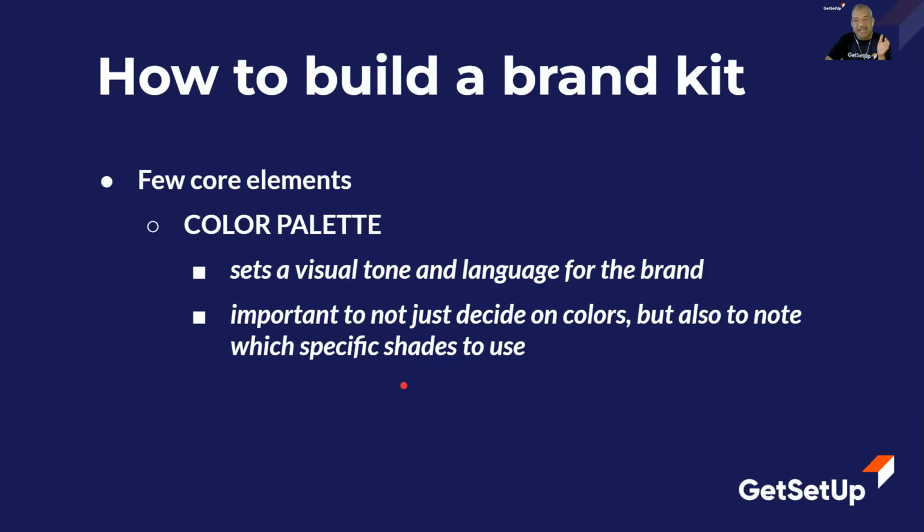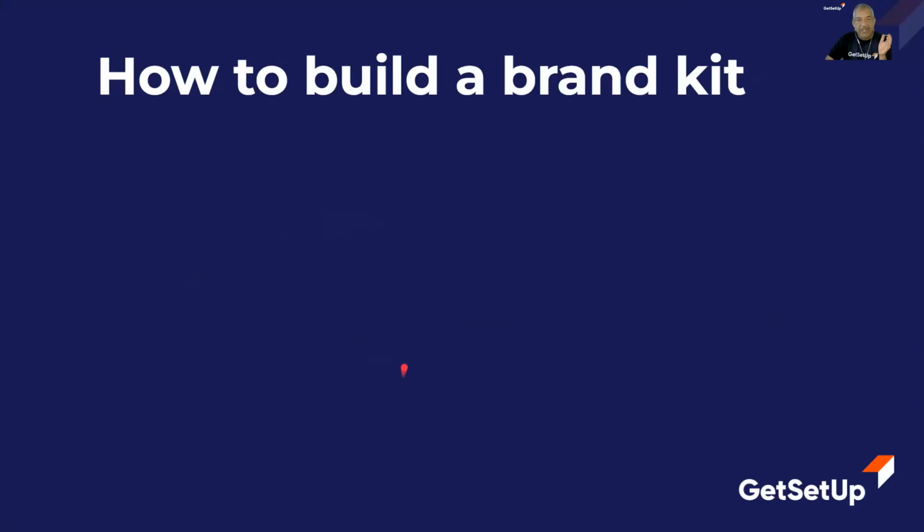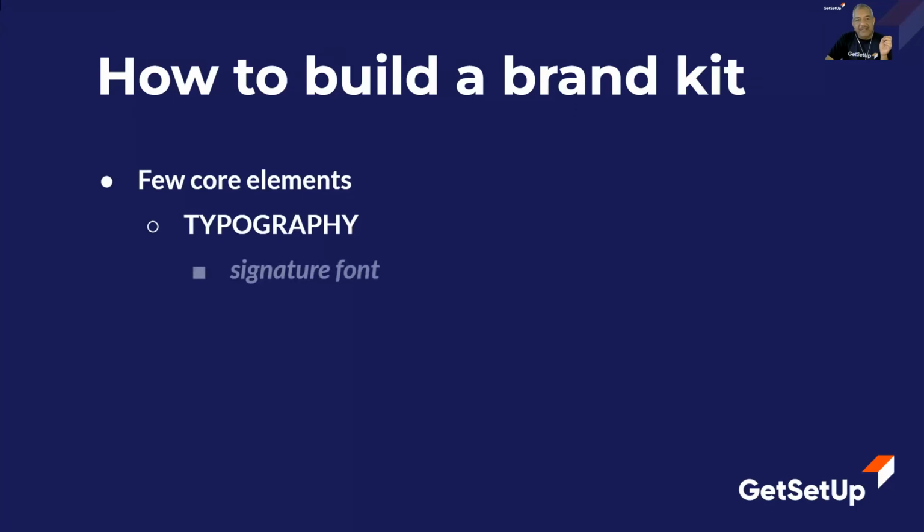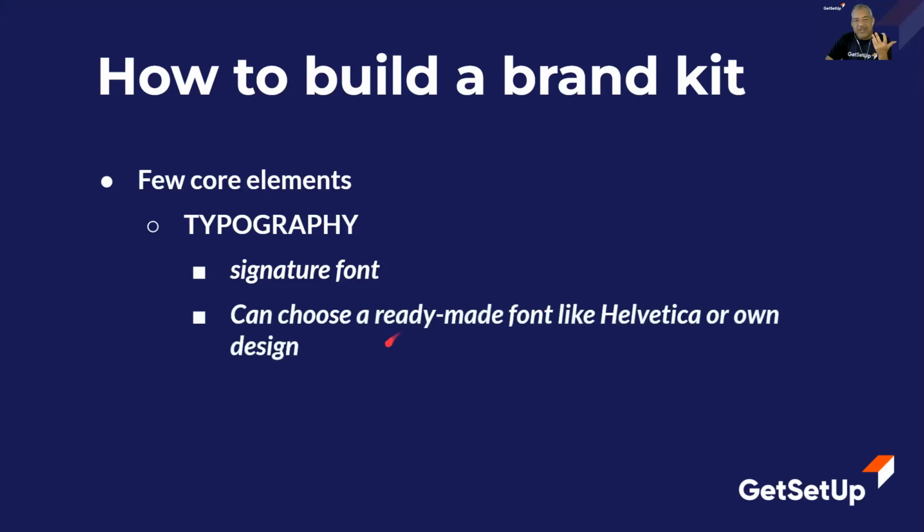Besides that, the last element that is there is typography. Typography literally is a font. We call that a signature font. And these fonts can be chosen from the existing ready-made fonts that are there.